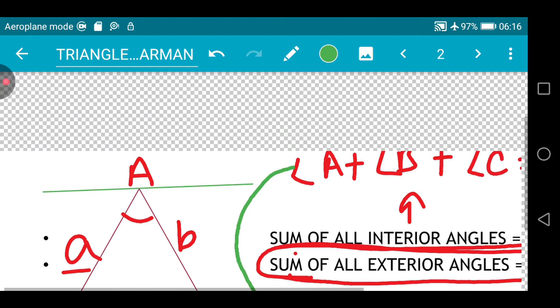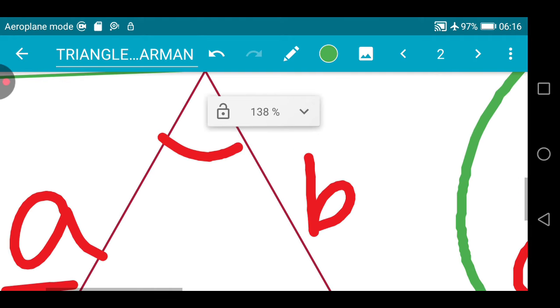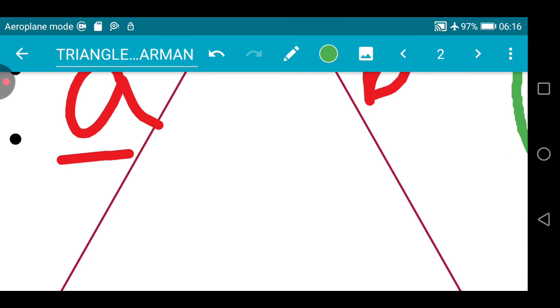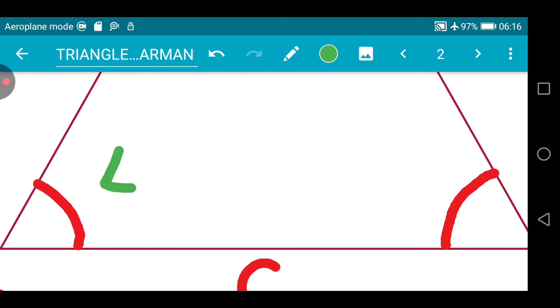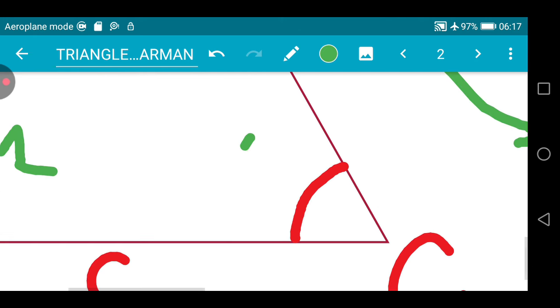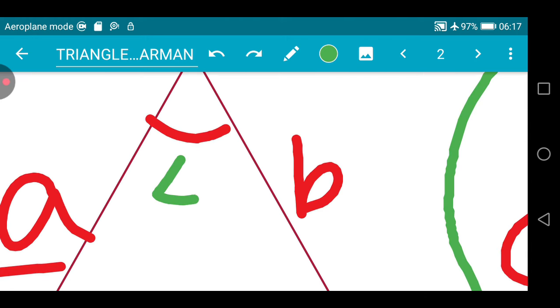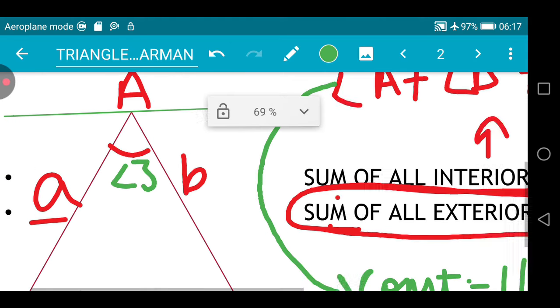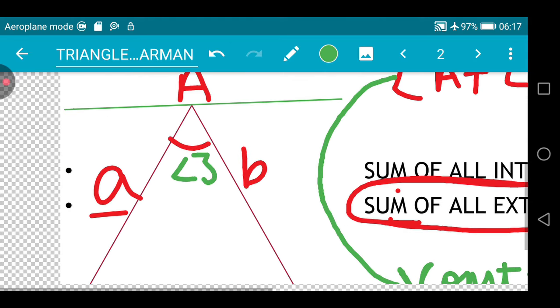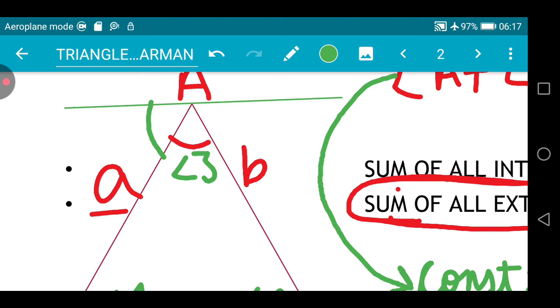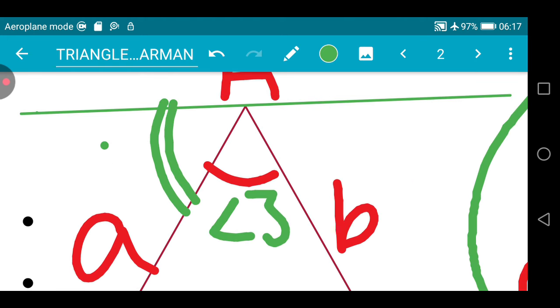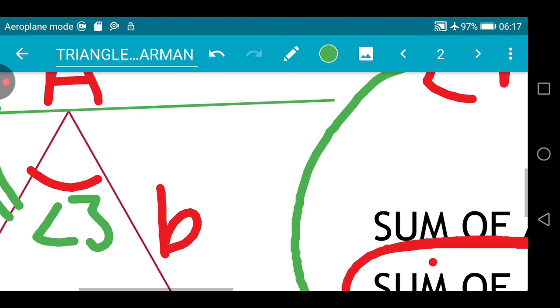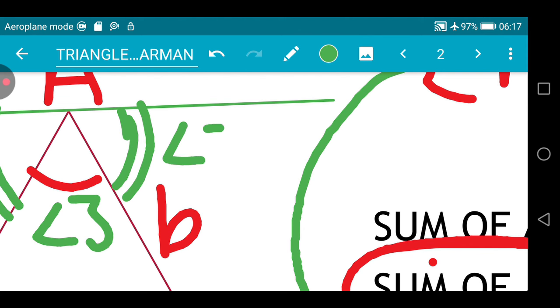And let me take these angles: angle 1, angle 2, and this is angle 3. Okay, this much is clear. Or we can take this also, angle 4 and angle 5.